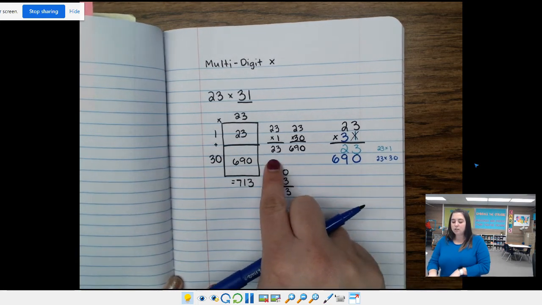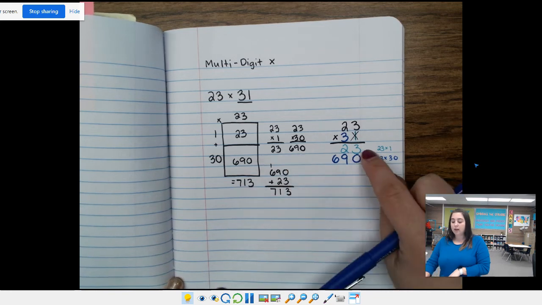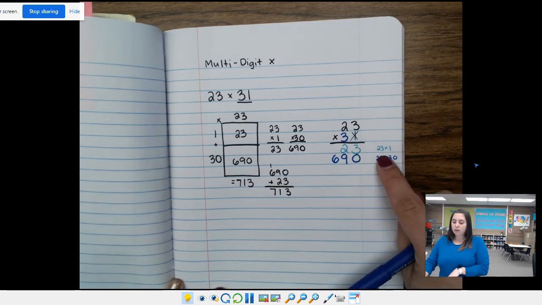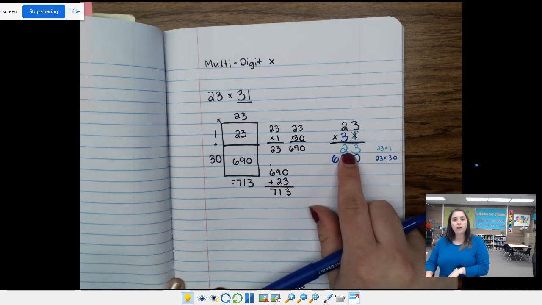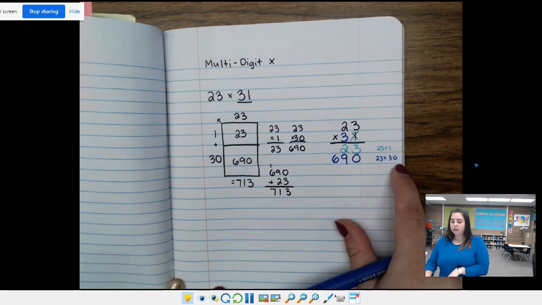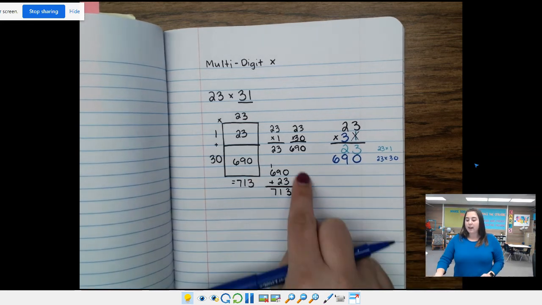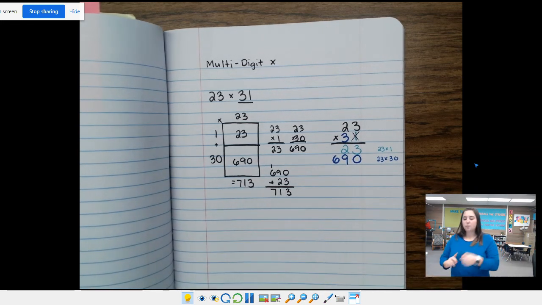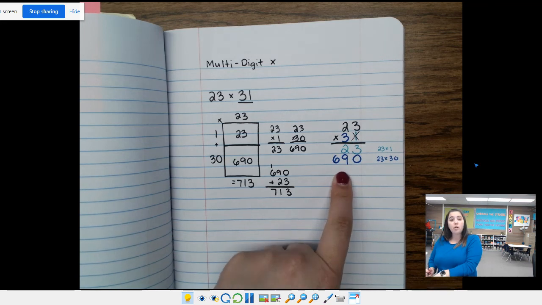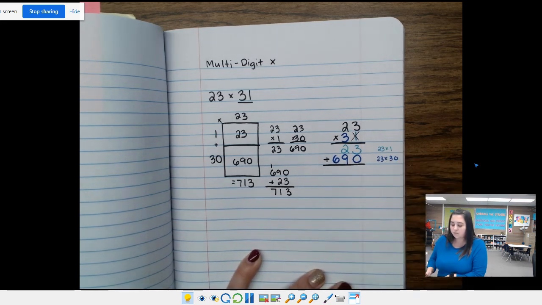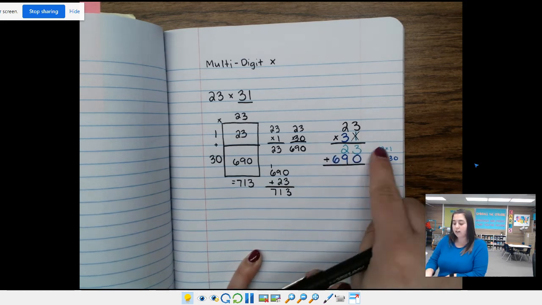Look what we just did. I took these two equations here and I combined them. So I did my 23 times 1 in one row, and then my 23 times 30 in another. And I do this because now I can add them. I'm going to switch back to my pencil. I'm going to put a plus sign. Now they're already in rows for me.